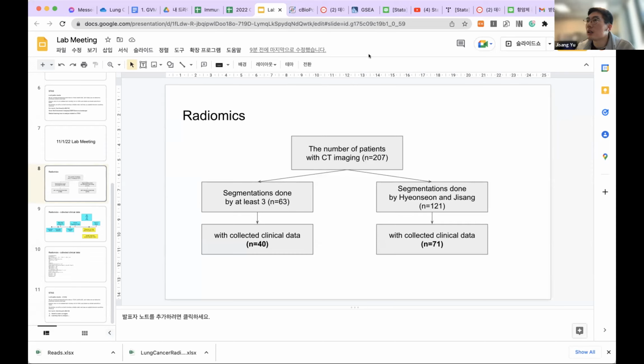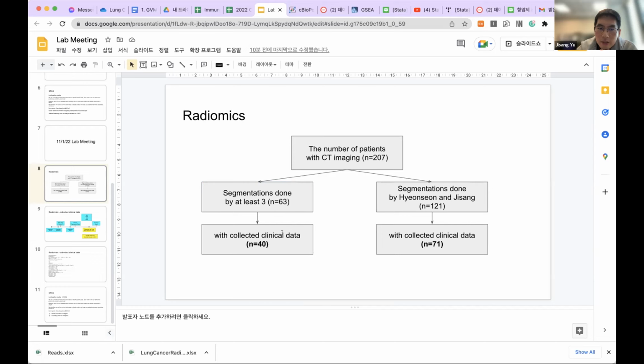First we had 207 patients with CT imaging, and then I sorted by the condition of segmentation done by at least 3 persons. The number that satisfy this is 63.